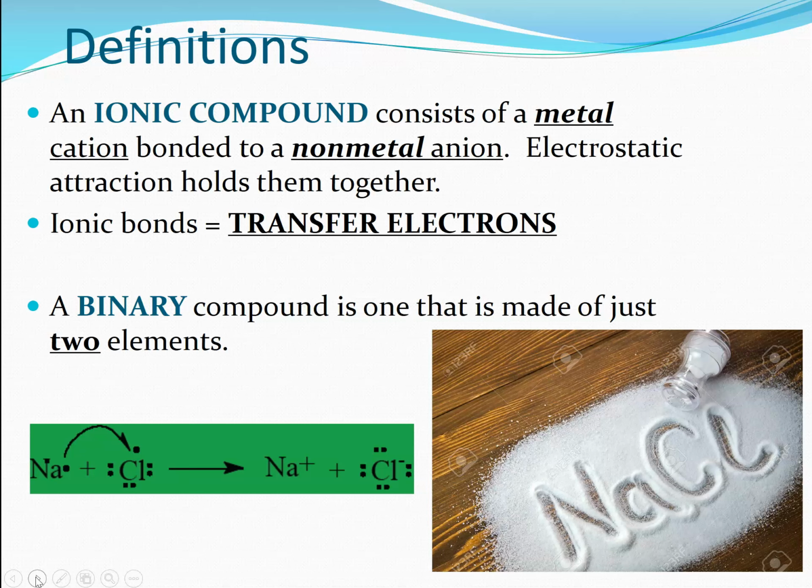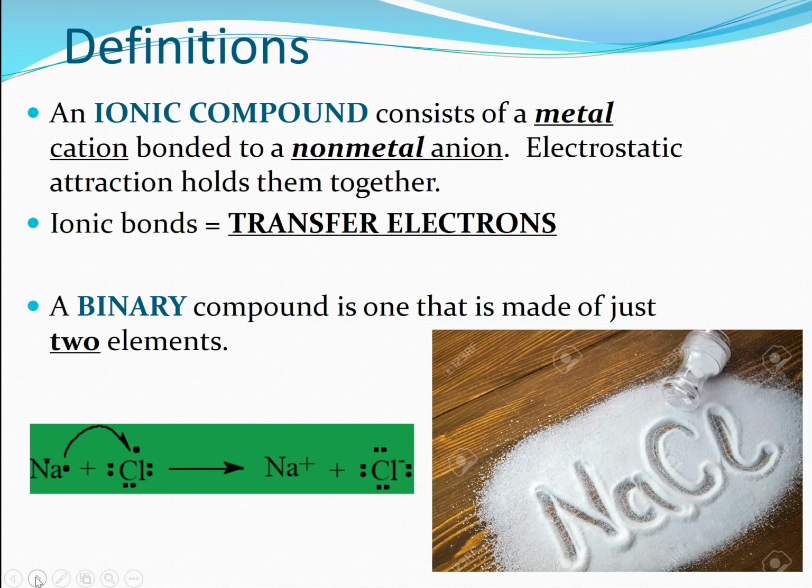On the right-hand side of the arrow, sodium now has a plus sign, and that just means that sodium lost an electron to chlorine. Chlorine has a negative sign because it gained the electron.